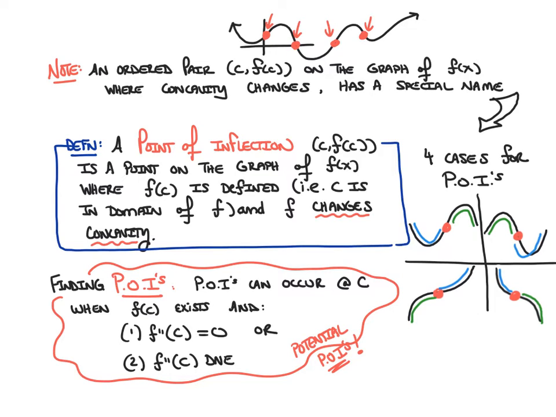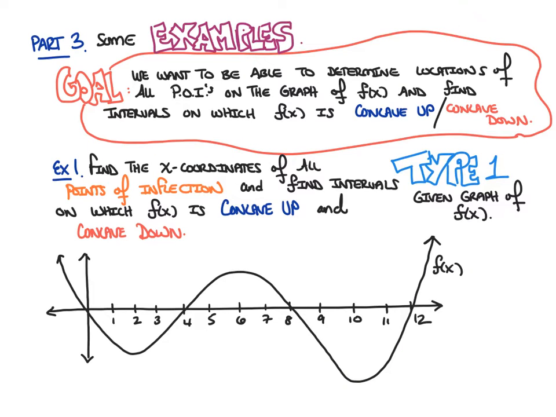All right. On the next slide, we'll talk more about what all this means. So our main goal here is to be able to determine the locations, so the x coordinates of all your points of inflection on a given graph. And then we want to find also intervals for which your function is concave up, like a cup, or concave down, like a frown. So basically, we're trying to determine what the function looks like and where special things are happening with that curvature.